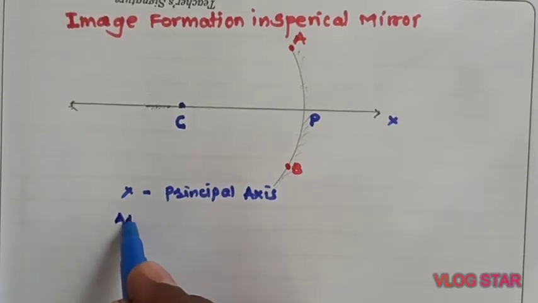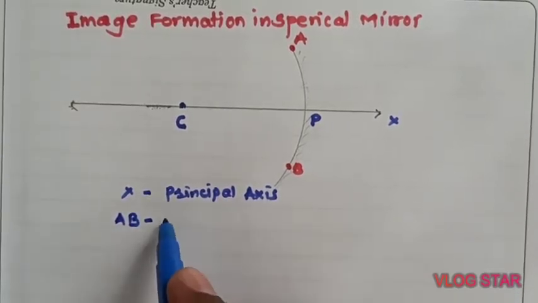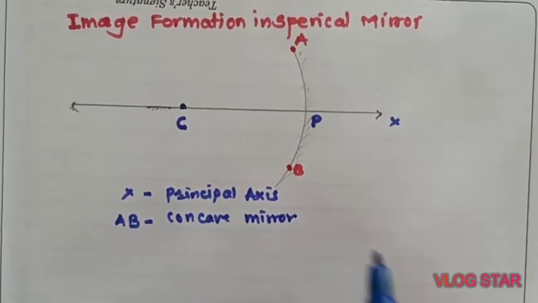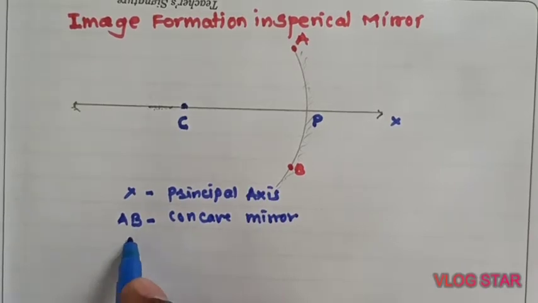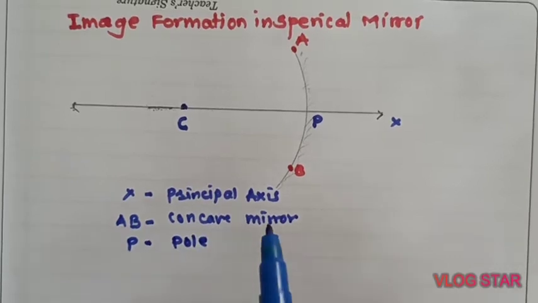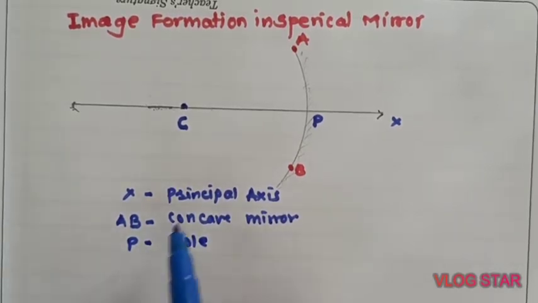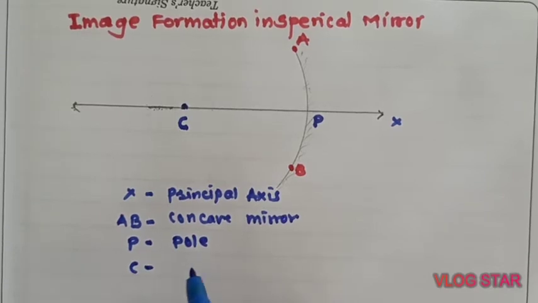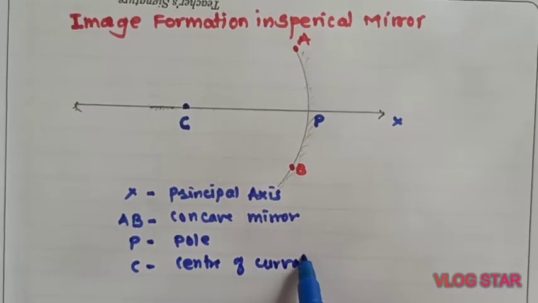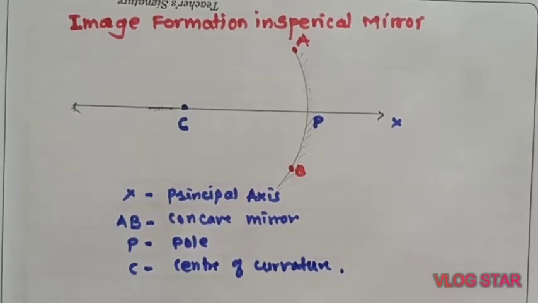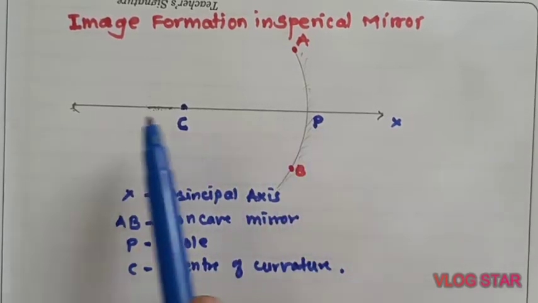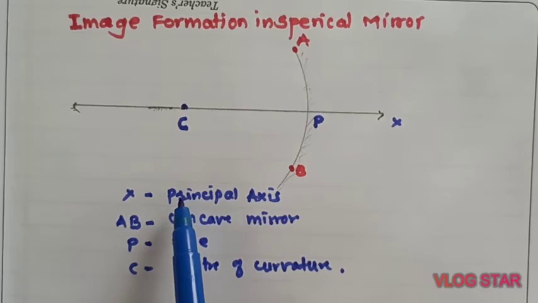So AB is a curve which is a concave mirror. Then we got point P is a pole, and point C is the center of curvature. And the line X which passes through center of curvature and pole is called principal axis.